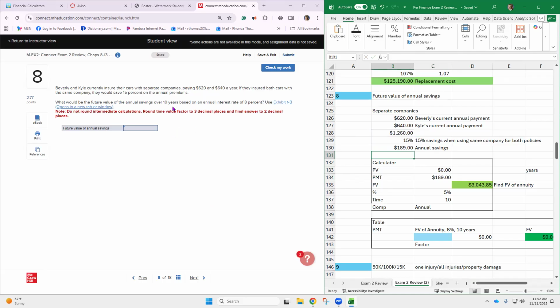And we're going to do this every year for 10 years in a row to predict the future value of the savings. And I've got an interest rate of 8% for 10 years. Now let me go find this on the calculator. Opens in a new window.